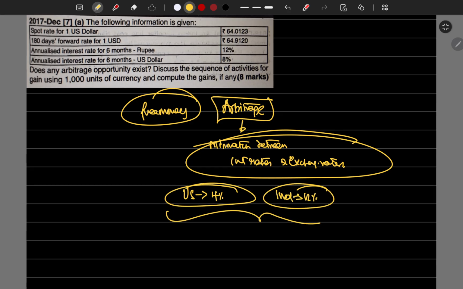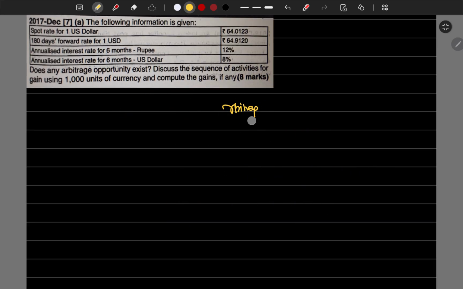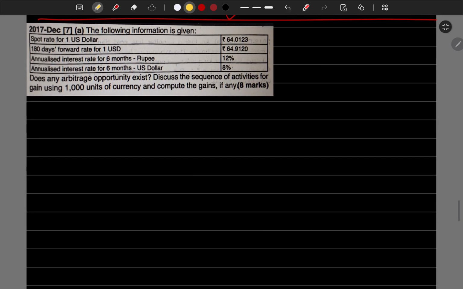Because of this interest mismatch, arbitrage opportunities exist. What we are going to do is get a loan from the low interest country, invest in the high interest country, convert again to US dollars and then pay back. The difference is the profit. So let's quickly solve the problem.